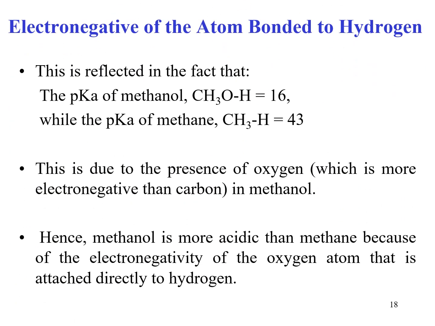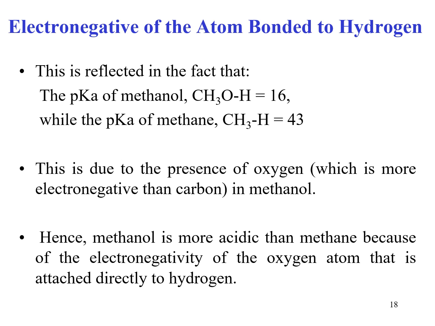The electronegativity of the atom bonded to hydrogen. In simple terms, we are using methanol and methane as a typical example. Looking at their pKa values, methanol is 16, while methane is 43. And remember, the lower the pKa, the stronger the acid. Why does methanol have a lower pKa than methane? The difference is the electronegative atom oxygen.